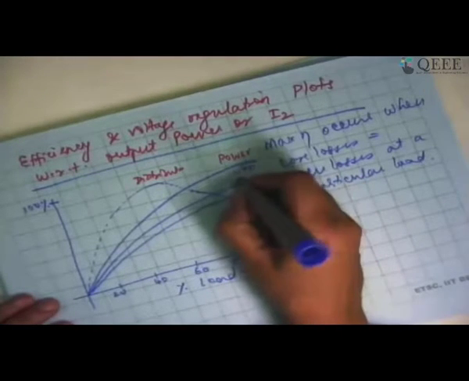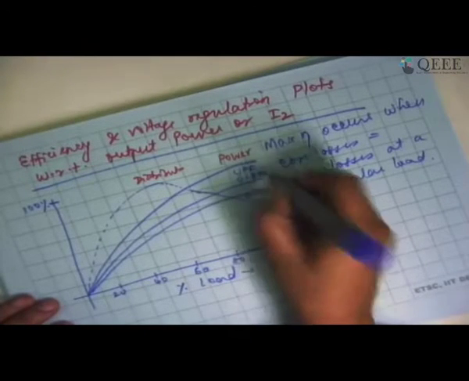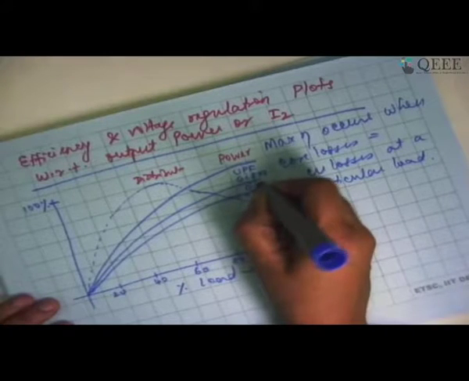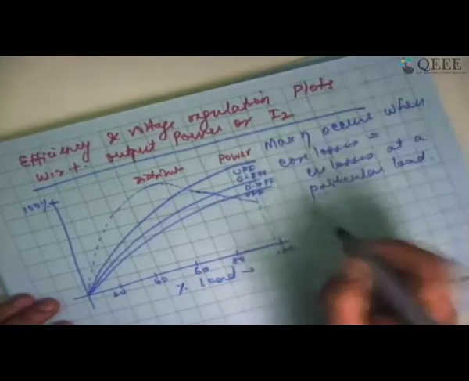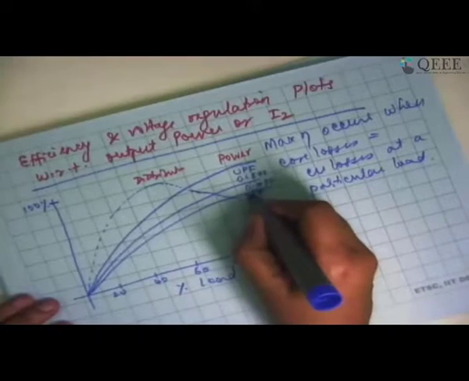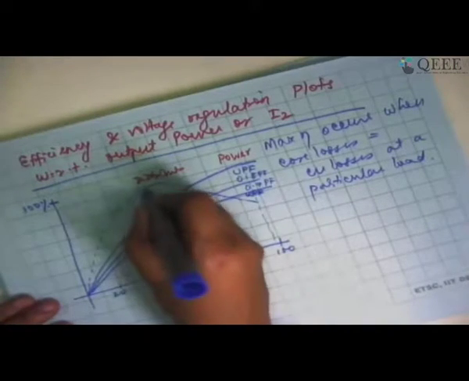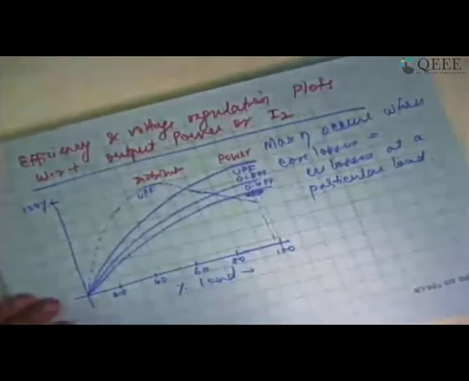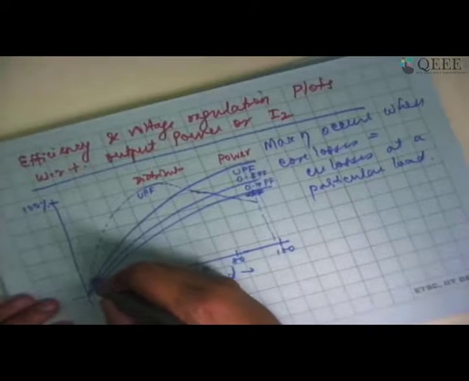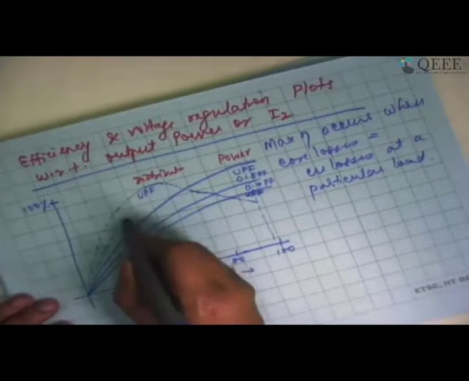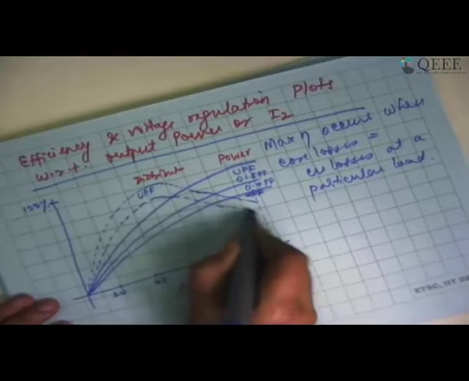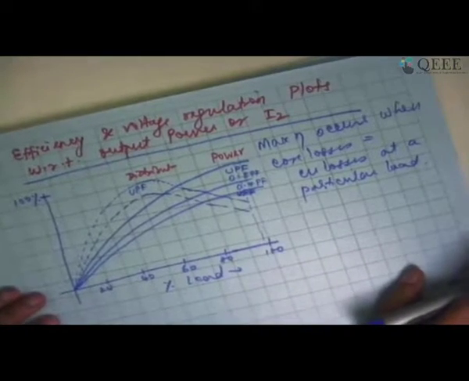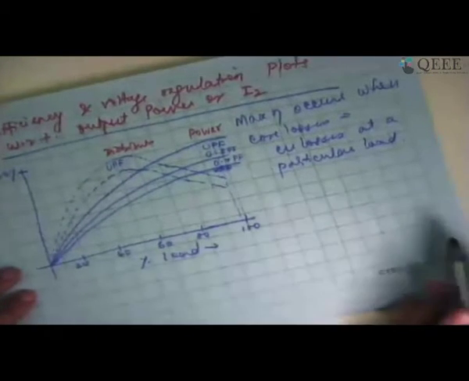So this may be for 0.8 power factor, this may be for 0.7 power factor, and so on. Whereas this is for unity power factor load of the distribution transformer. For other power factors, it may come down further and further. So this is how the efficiency plot versus load is going to be.